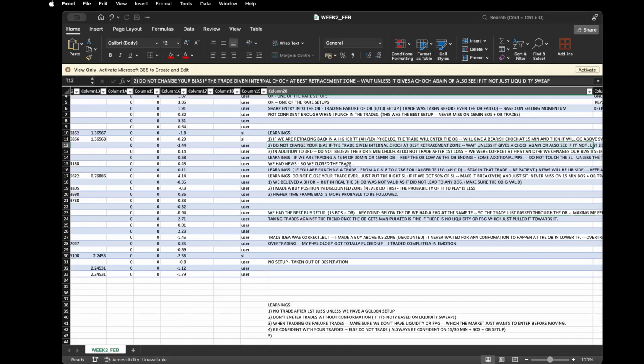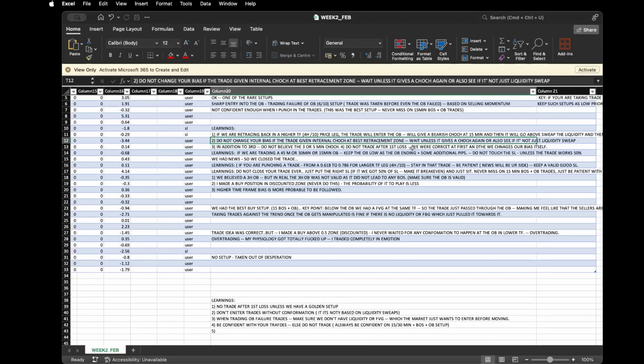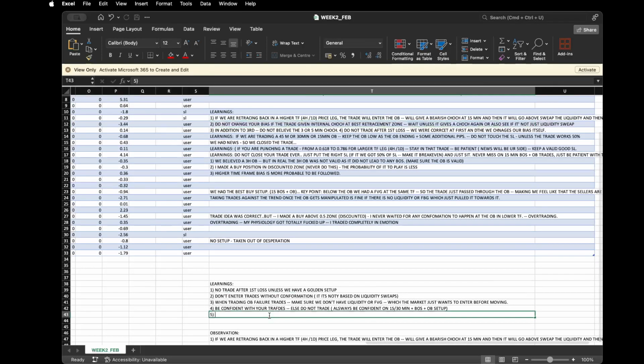Do not change your bias if the trade gives an internal change of character at the retracement zone. Just wait for it.